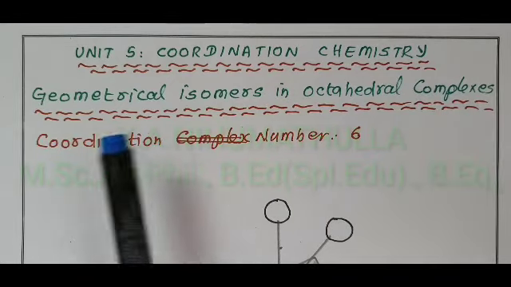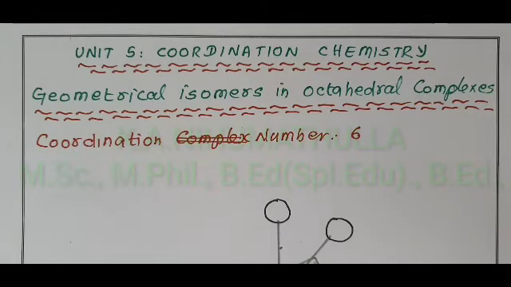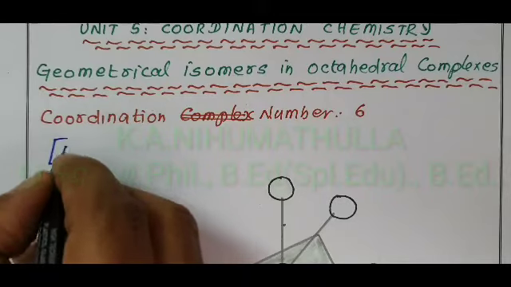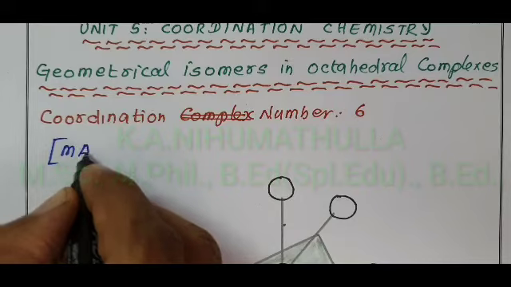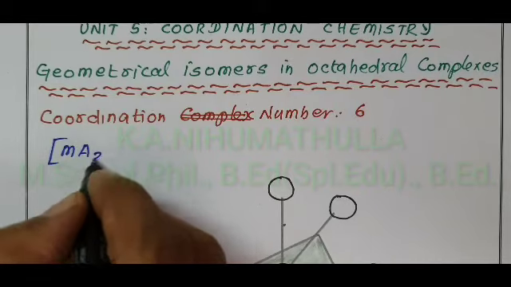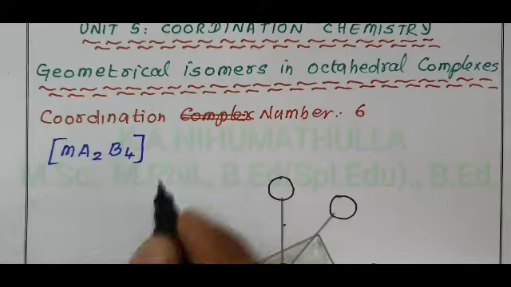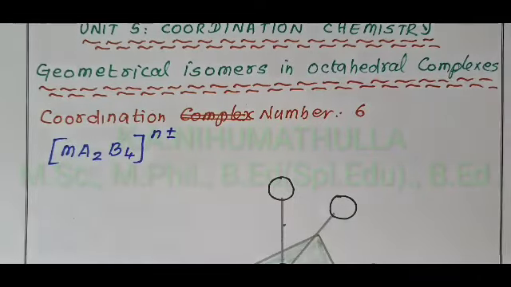For octahedral complexes, the coordination number is 6. The example of the molecule in octahedral complexes is: central metal ion M, and if monodentate ligands are taken, MA2B4, 4 plus 2 equals 6, coordination number 6, octahedral complex, n plus or minus.